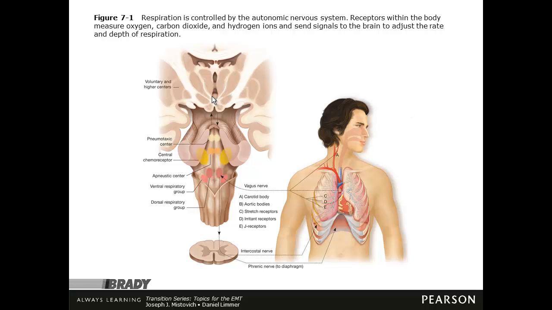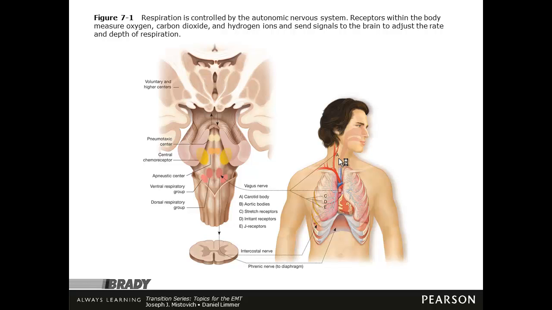This drawing shows us a cross-section of the brain showing the medulla oblongata, and within it the pneumotaxic centers, the central chemoreceptors, the apneustic center, the ventral respiratory group, the dorsal respiratory group, and the vagus nerve.